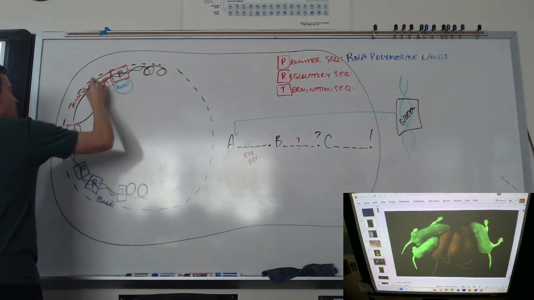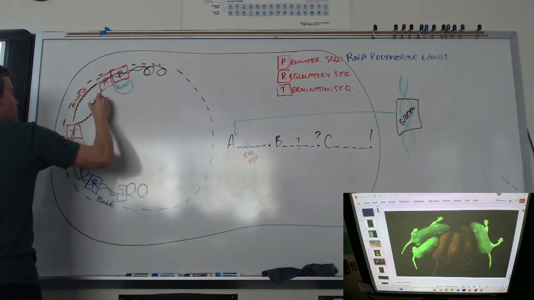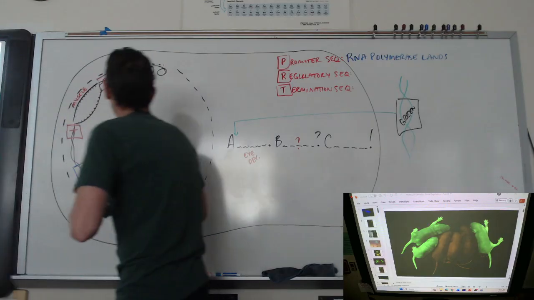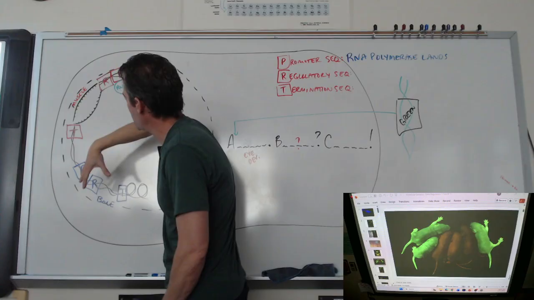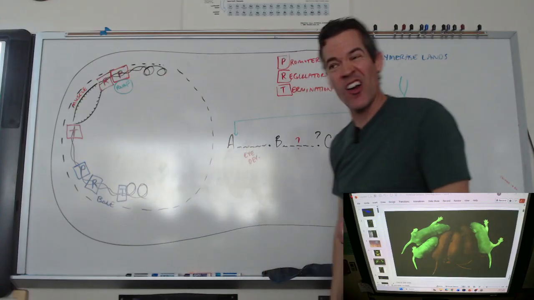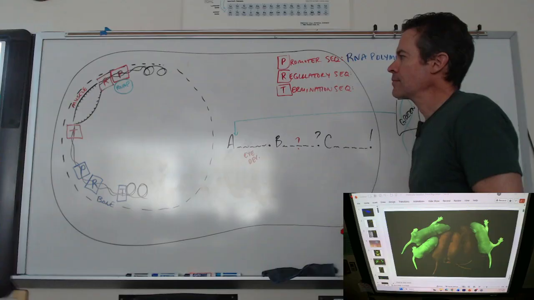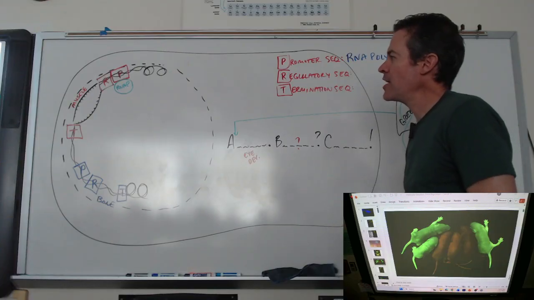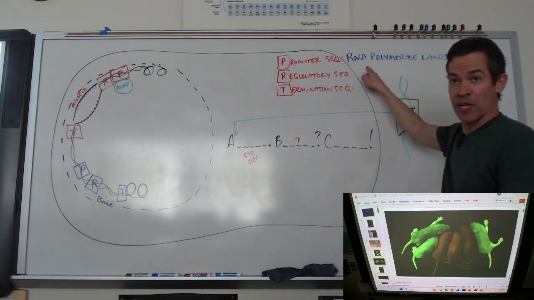It's kind of odd. It doesn't need helicase. It does the unzipping itself. So it'll land on the promoter, cruise along here, unzipping the DNA, and it's going to start building RNA from it. So my RNA polymerase, anytime it's going to land, it lands at the beginning of a gene, the promoter sequence.